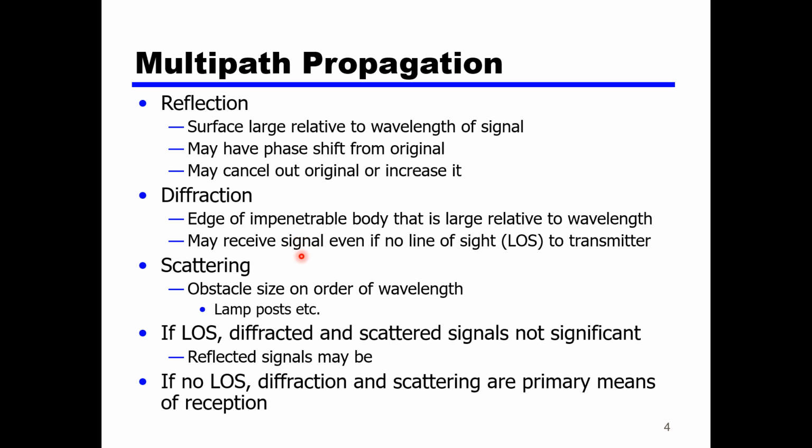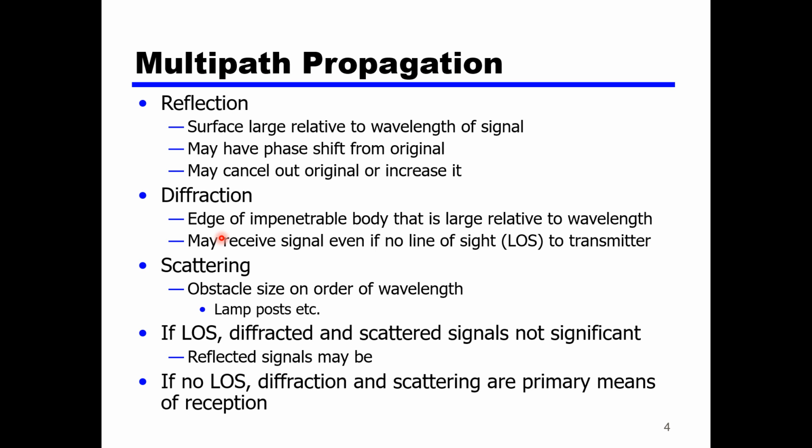Then diffraction. So diffraction means that it is the edge of an impenetrable body that is large relative to the wavelength. An edge of an impenetrable body means, suppose a concrete building or sometimes a metal object, which is impenetrable.